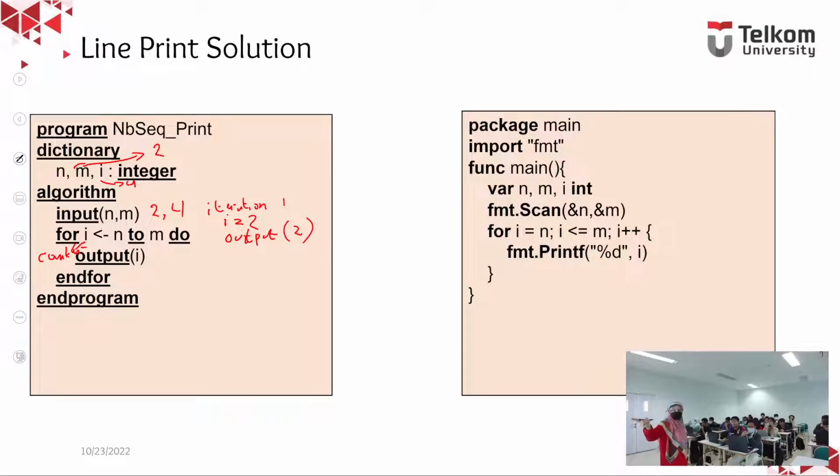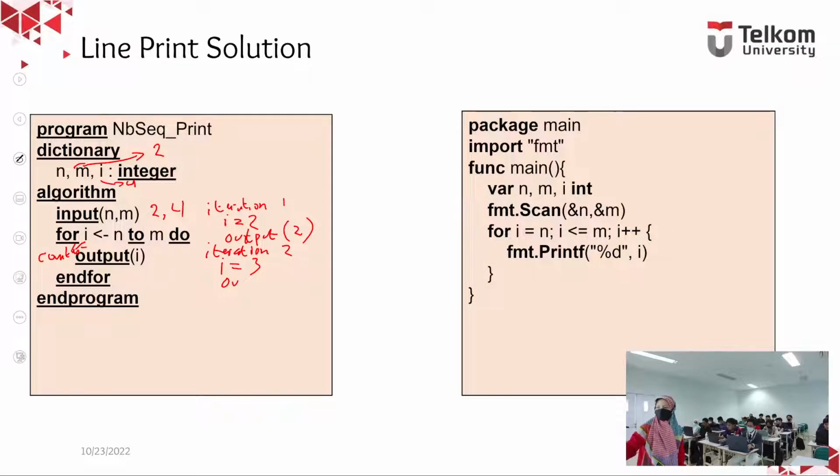Next, iteration 2. i will be incremented to 3, right? By default, the increment of the counter is by 1. You can modify the step to, for example, 2 or 3, but the default is to increment by 1.